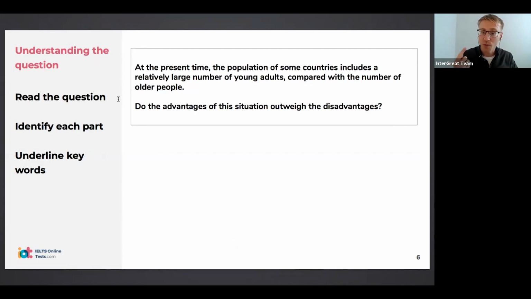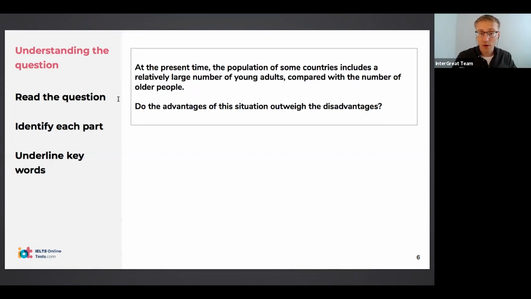This is one type for sure. We've also got discuss the advantages and disadvantages. This is a second type of question. The third type, very similar, discuss the advantage and disadvantage and give your opinion. So those are the 3 types.